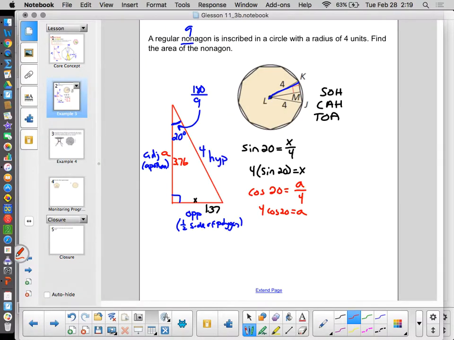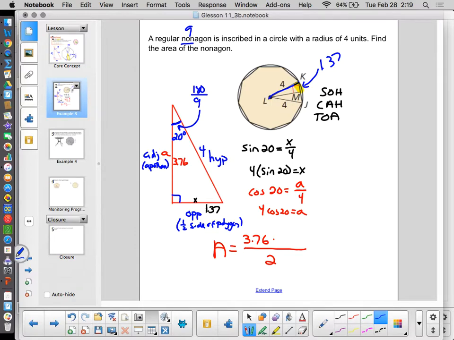And now I've got everything I need to calculate my area. So the formula for area is the apothem times the perimeter divided by 2. Well, I don't quite have the perimeter yet, but I do know that half a side is 1.37.